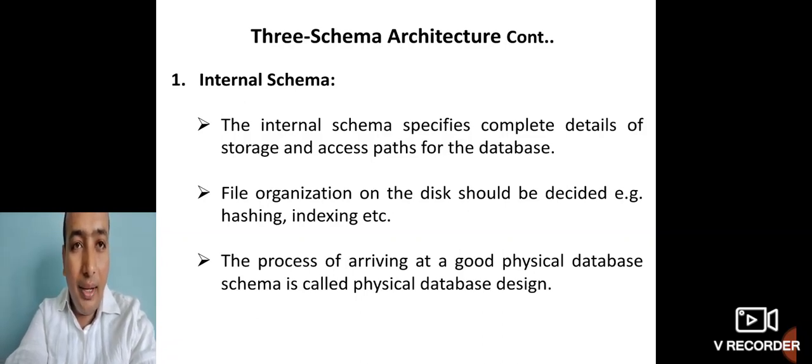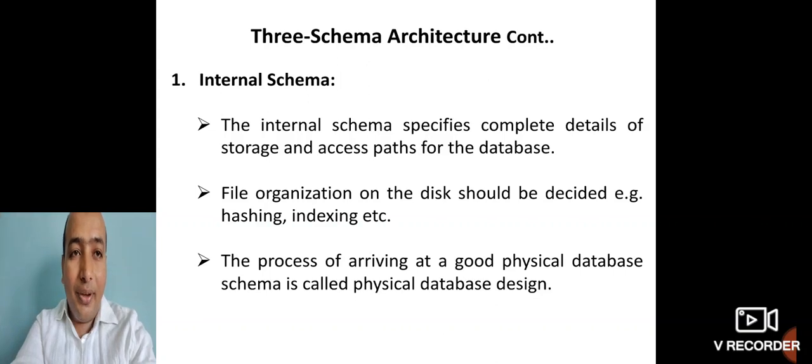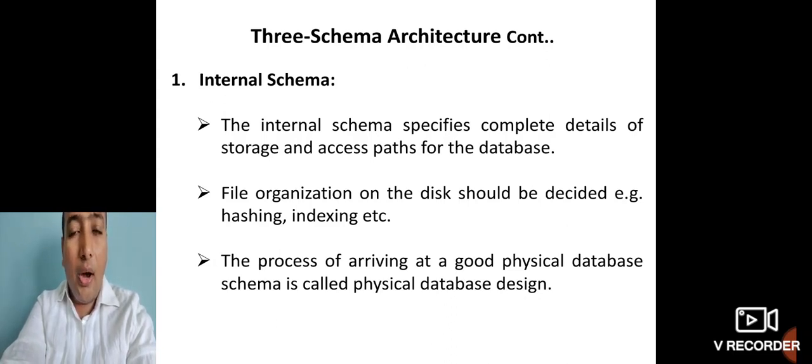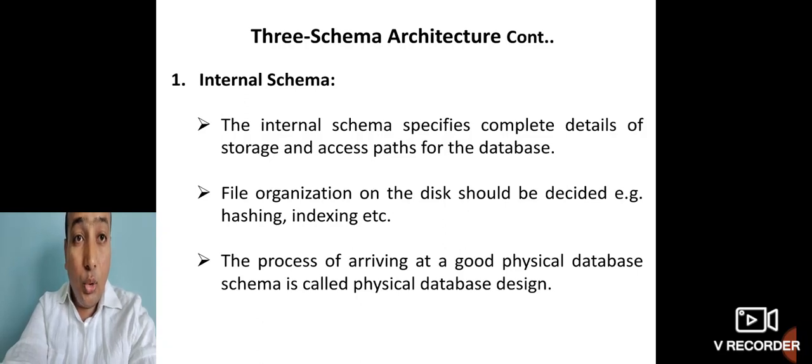That is what we have written there. The internal schema specifies the complete details of your storage and the access path for your databases. I think you're familiar with the storage, whether it is stored in secondary storage or on a magnetic disk, or what is the way the data will be stored, whether it is a file system or something else there. So those details will be stored as a part of your internal schema there.